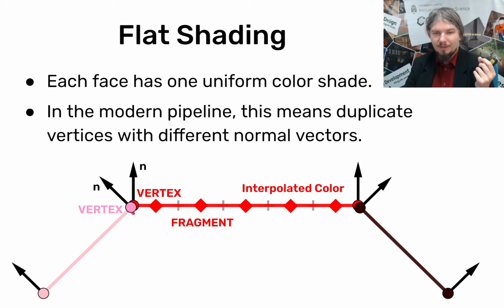This pink vertex here would have the same positional coordinates as the red vertex, but its surface normal would be that way. So that when we calculate light, it would calculate this pink shade, while this other vertex would calculate this red shade, and then you would have a uniform red face next to a uniform pink face.